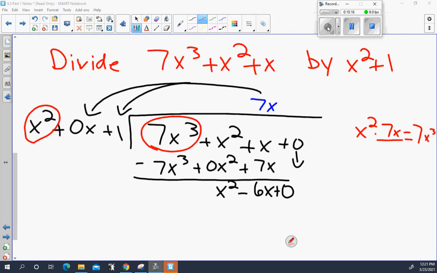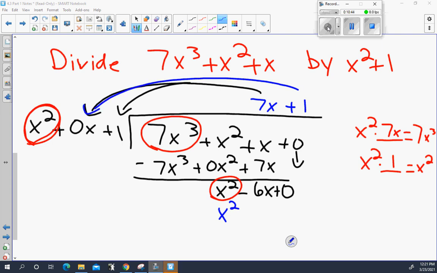Again, same process. x squared and x squared. How do I get from x squared to x squared? Should be saying 1. Just multiply it by 1. Good. So 7x plus 1. We're going to get x squared. But now again, I have to multiply that 1 by both. 1 times 0x is just 0x.